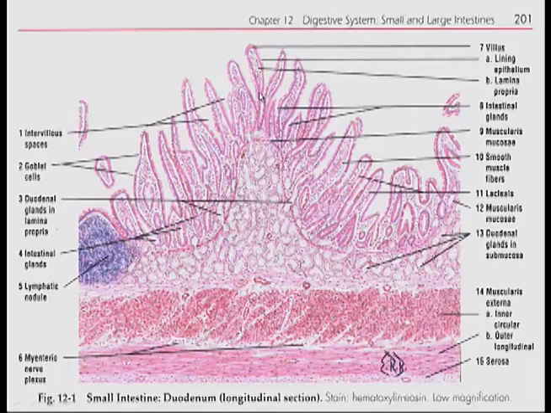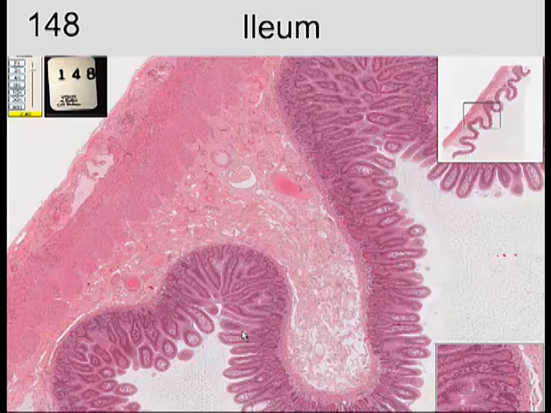So we have cells that line the lumen up through here, the intestinal absorptive cells. There's also connective tissue cells in through here, and smooth muscle cells in through there, which is responsible for peristalsis to occur.